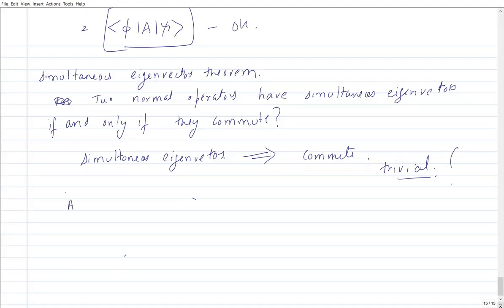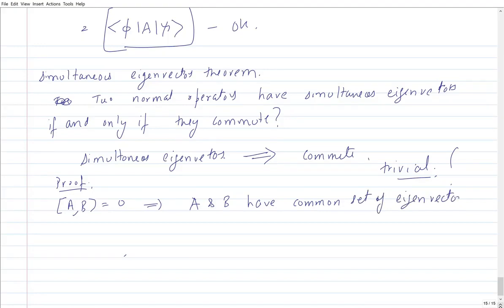What I mean is that if A commutes with B, then you need to show that A and B have a common set of eigenvectors. So try and show this. It's a very simple, elegant kind of proof. We'll pick it up, and of course there can be several ways of proving it. We'll see that in the next class.